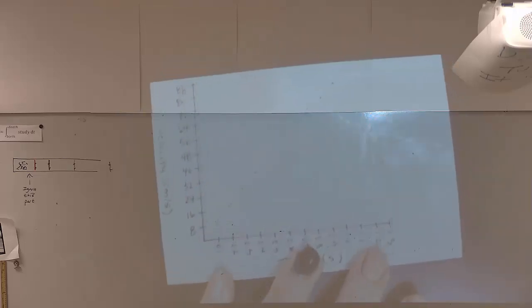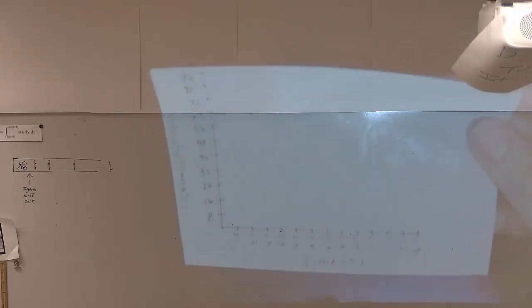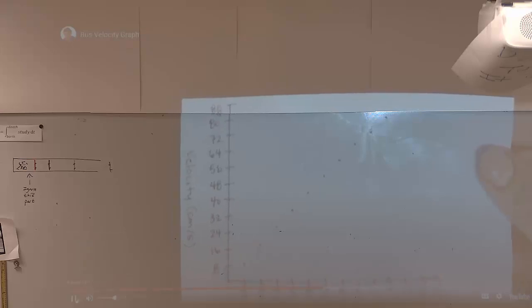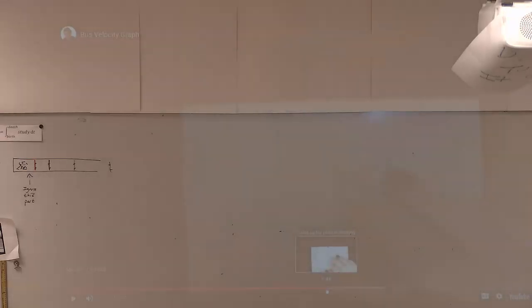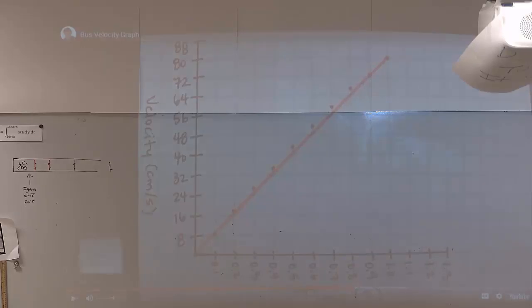All right, once you have your data plotted, this is where we differ on what we're going to do. Let me get to a point where she's got that shown there, and I'm going to pause it. Okay.